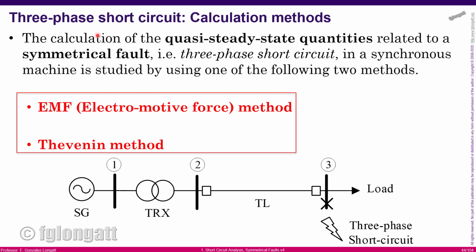Now, there are two basic methods. Both of them are based on quasi-steady state quantities. One of them is the electromotive force method, and I will tell you this method is probably one of my favorites because it is related with the load conditions inside the power system, and provides probably the best or most realistic short circuit levels.